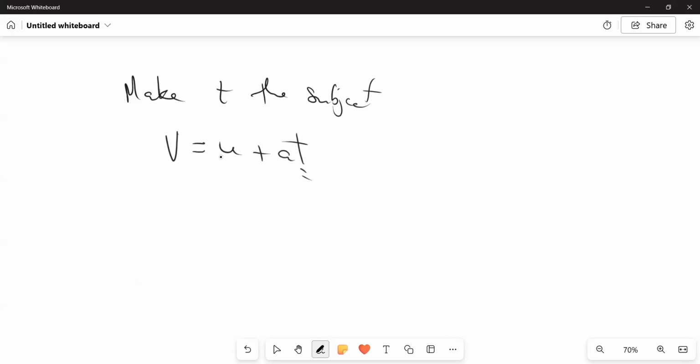Well, what you could do, you can start with taking this U over first, right? And subtract. So you end up with V minus U equal to AT, right? And here you have a product now. So you got to divide throughout by A. So you do V minus U over A equal T. See?